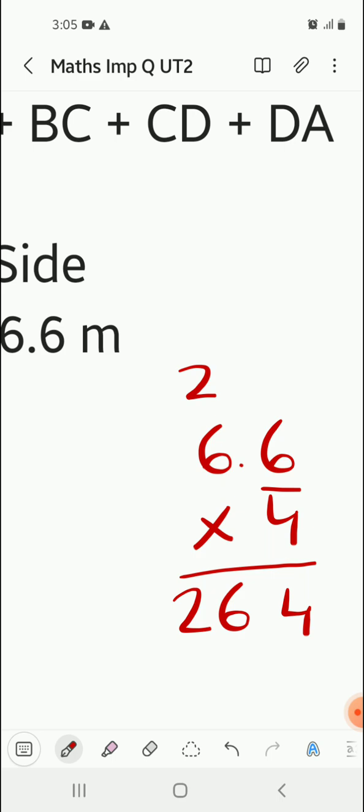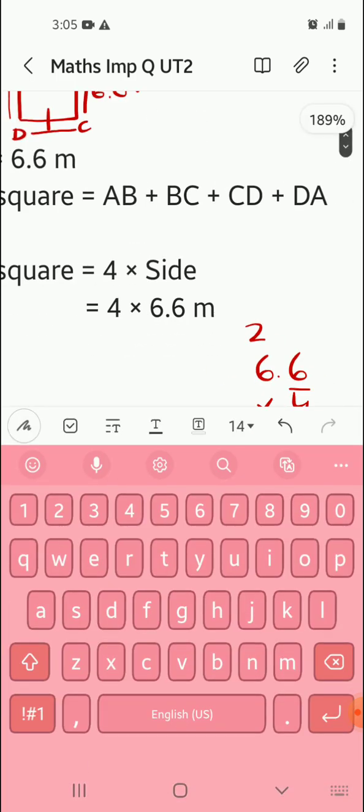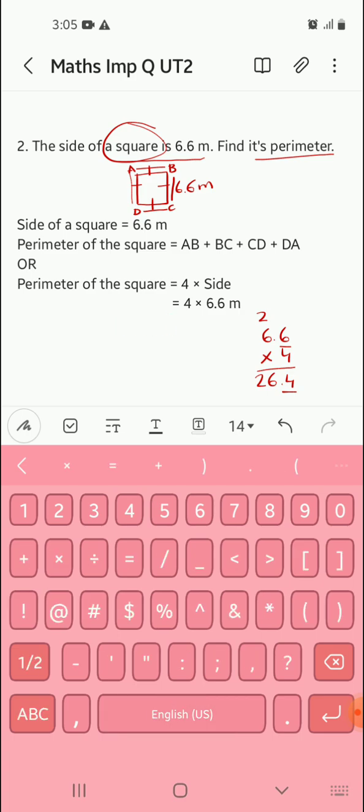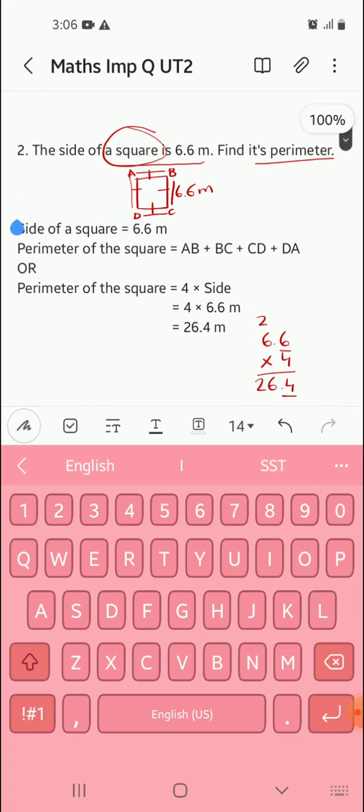So in the answer also the decimal place will be the same, that is 1. So my answer becomes 26.4 meter. So let's write it. Writing the units is very important. So make sure the units are written. It is 26.4 meter. Moving on to question number 3.